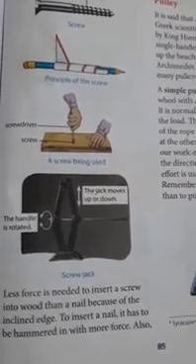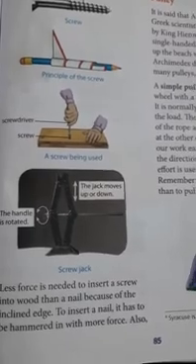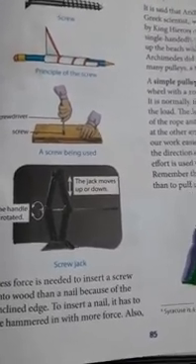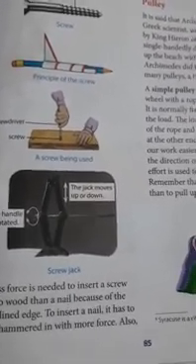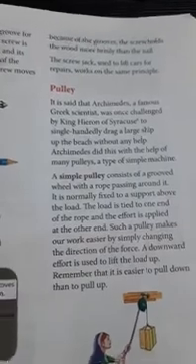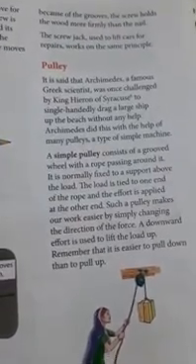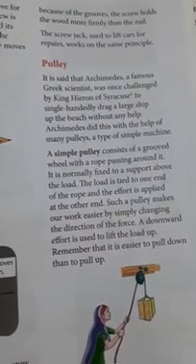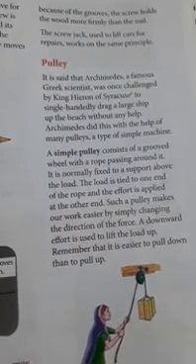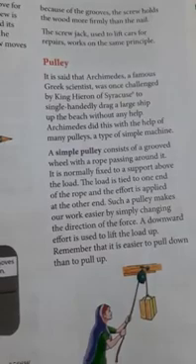To insert a nail, it has to be hammered with more force. Also, because of the grooves, the screw holds the wood more firmly than the nail. The screw jack used to lift cars for repairs works on the same principle.